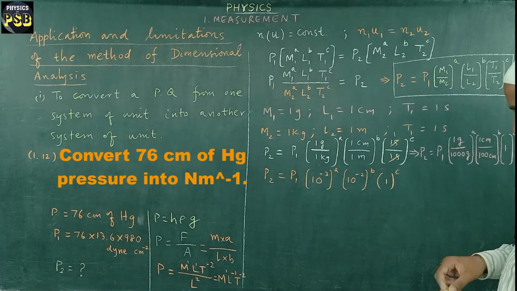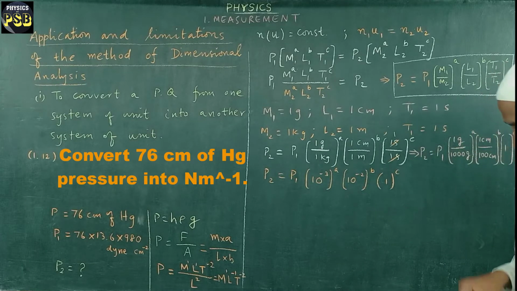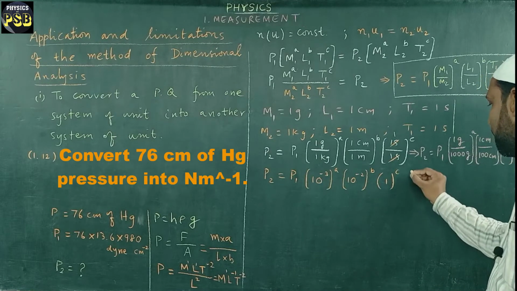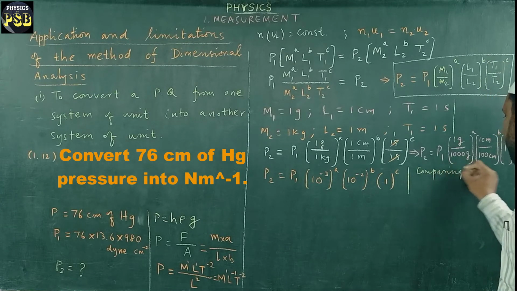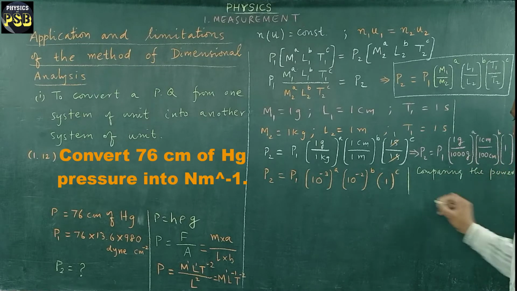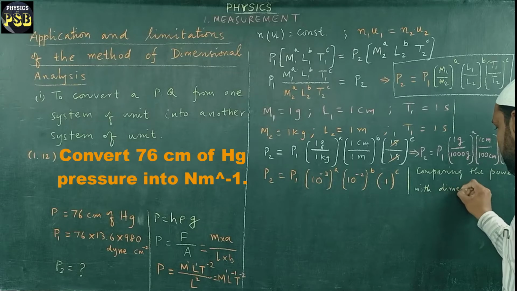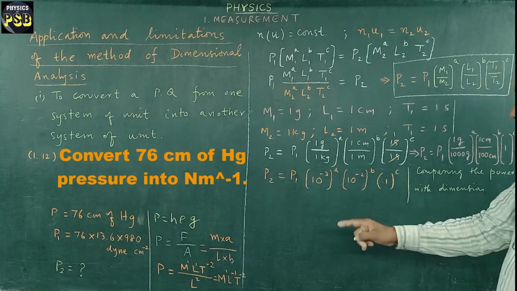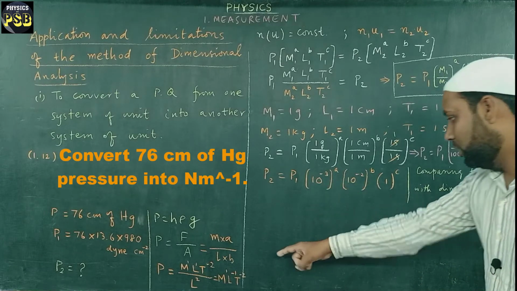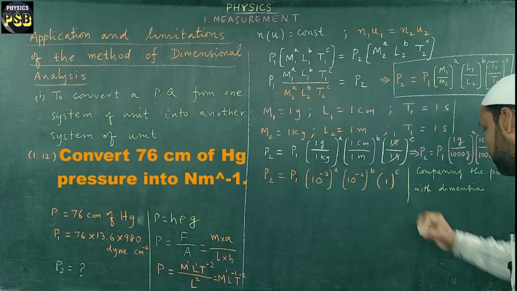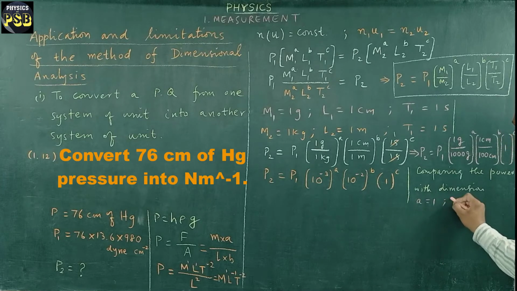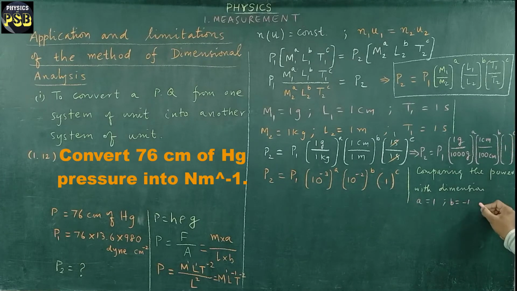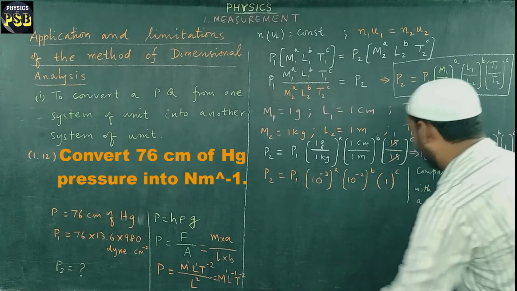So, comparing the power with that of the dimensions, in the place of A we have 1, in the place of B we have minus 1, and in the place of C you have minus 2.